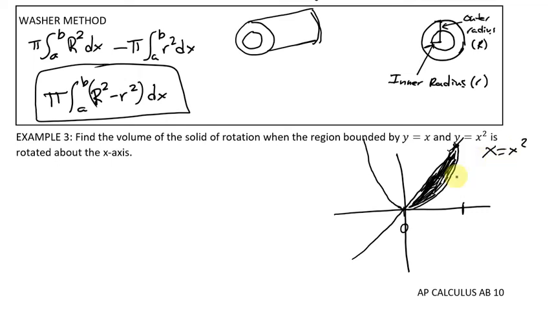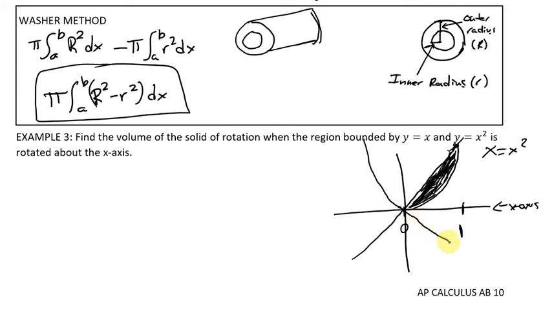And we're rotating about the x-axis. So as you can see, the region touches the x-axis, but in the rest of the space there's this gap. Anytime there's a gap, we're going to have some kind of hole or indentation in the solid when we rotate it around. If we created the 180-degree rotation here, it would look something like this.